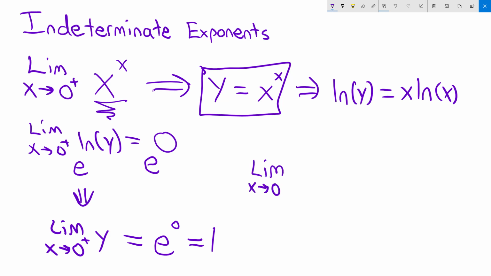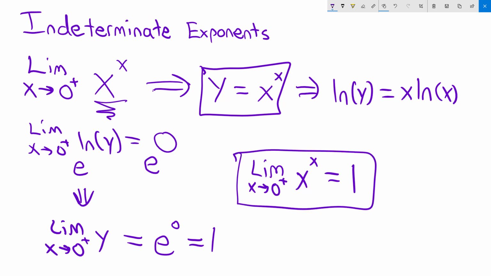So that's exactly the problem that we have solved. The limit as x approaches 0 from the right of x raised to the x is exactly the value of 1. So this strategy of using natural log to rewrite the expression is very key. We can't really get away without doing that in this problem.